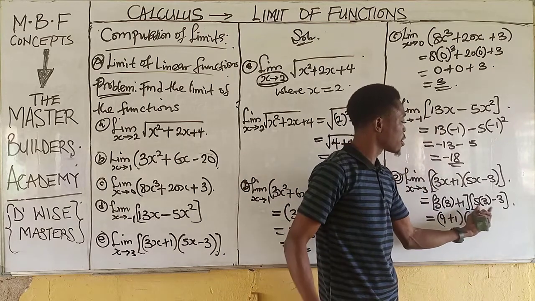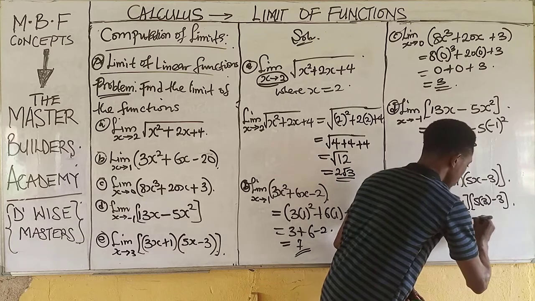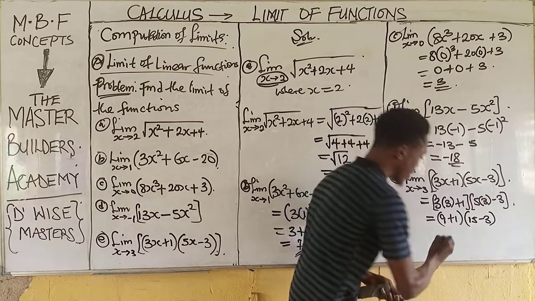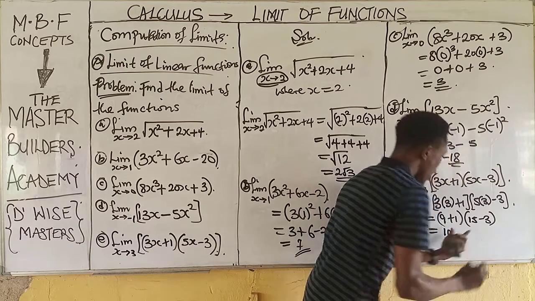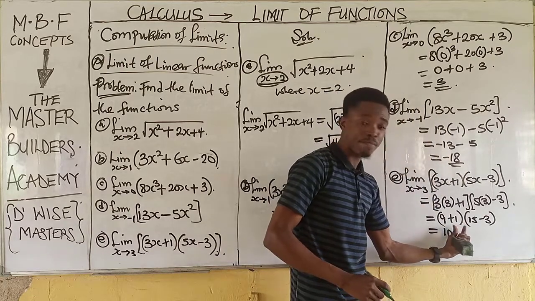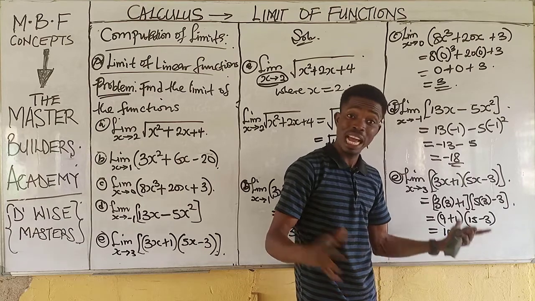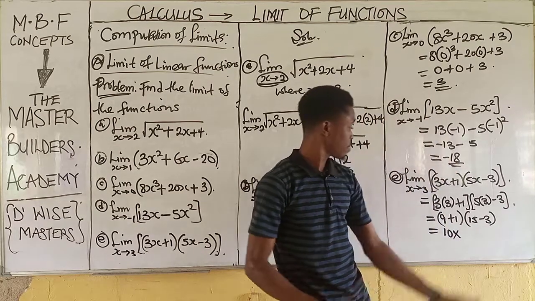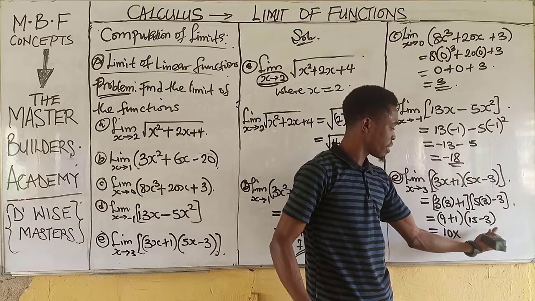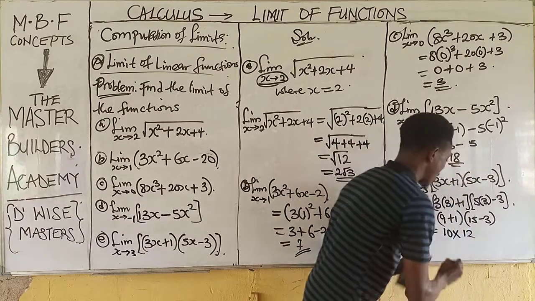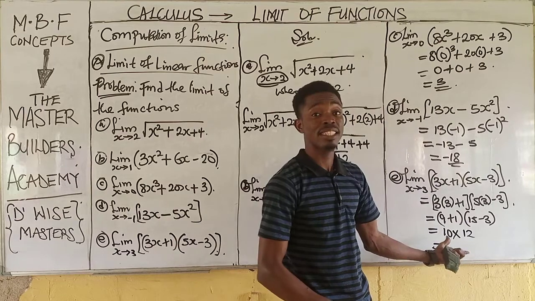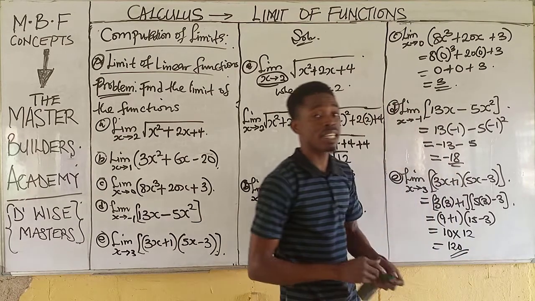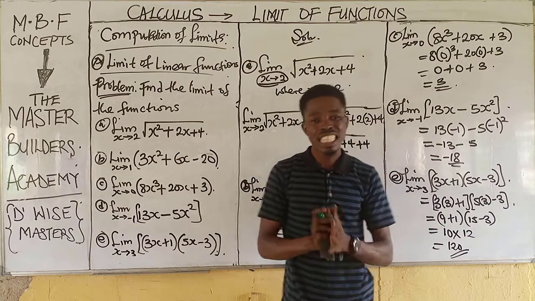Then 3 multiplied by 5 is 15 minus 3. Now understand that 9 plus 1 gives us 10. Also don't forget that when you have the product of two brackets, we are actually dealing with multiplication, so I can introduce my multiplication sign. Then 15 minus 3 is 12, and 12 multiplied by 10 gives us 120. This is the answer to this very question.